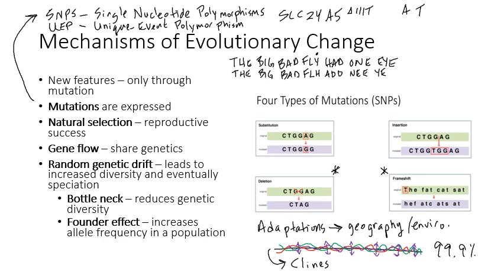Okay, so random genetic drift. This will lead to increased diversity, and if populations are separated, if they are isolated from each other, it will lead to speciation. The other term that we talked about, and we'll talk about in greater detail, is something referred to as a bottleneck event. And humans, we've gone through a number of bottleneck events.